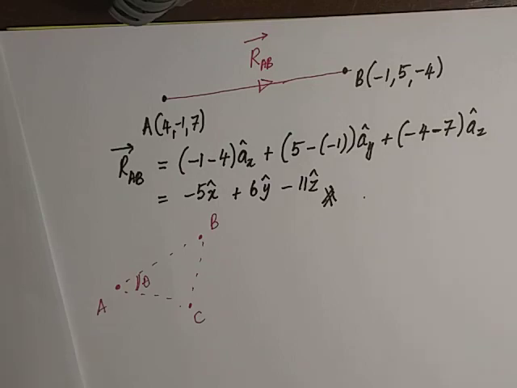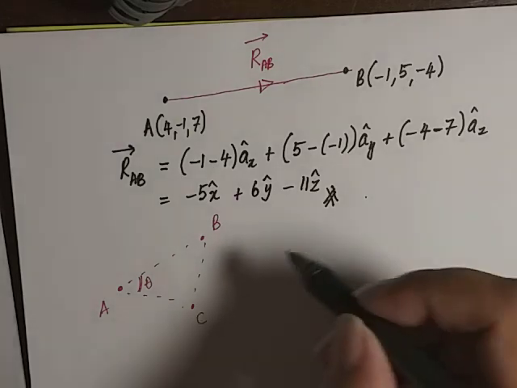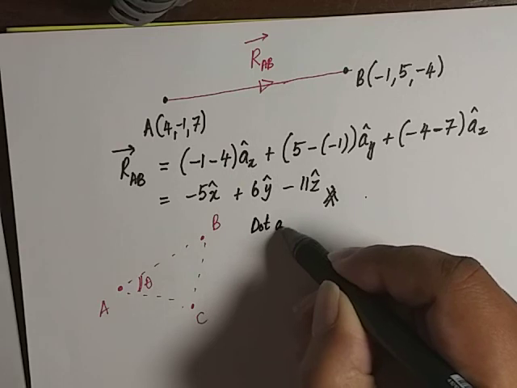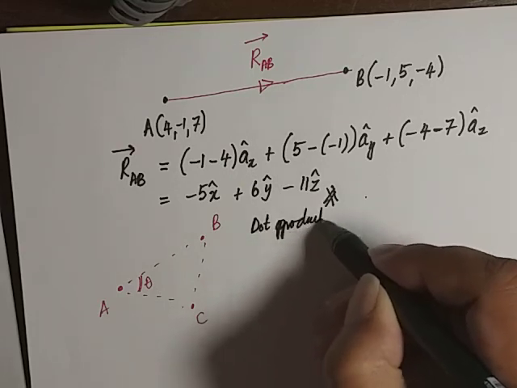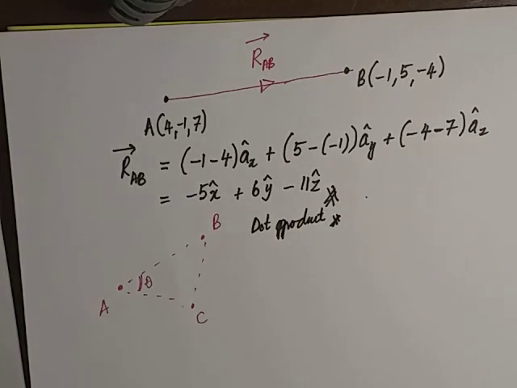As the title of this particular part of the question is regarding dot product, logically we're going to adopt the dot product as our method to solve this problem. So what's the dot product?